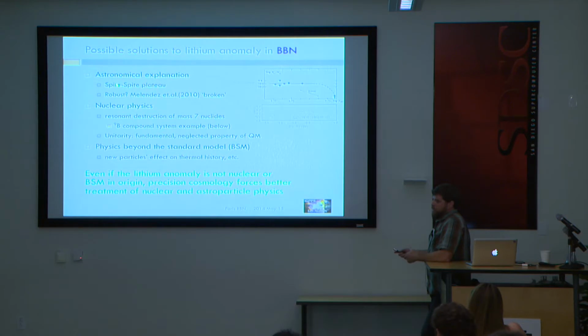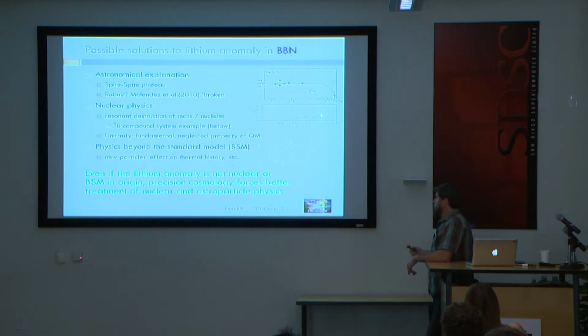The way you derive the lithium abundance, and I think Evan will talk about this a lot more tomorrow, is from the Spite plateau, from their 78 paper or 82 paper, something like that. Basically you extrapolate the observed lithium abundance to very low metallicity, and you see that it's flat. So you imagine that you've isolated the primordial component because it doesn't depend on which star you're looking at.